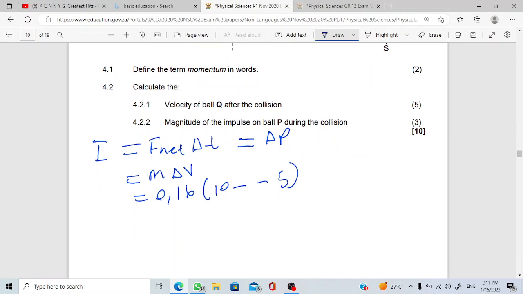Now it's going to be positive, then it becomes 15. So we have 0.16 multiplied by 15, which is equal to, unfortunately I cannot do this one by head, times 15, it's 2.4. Okay, I'm sorry.